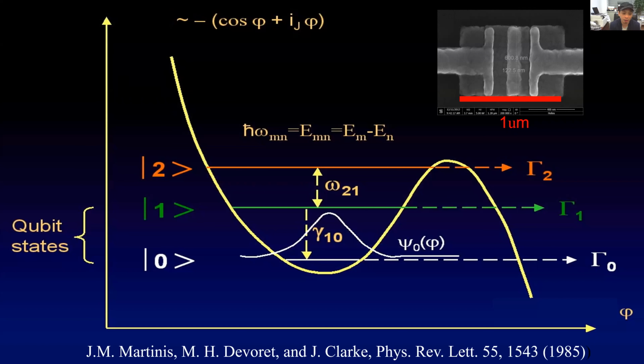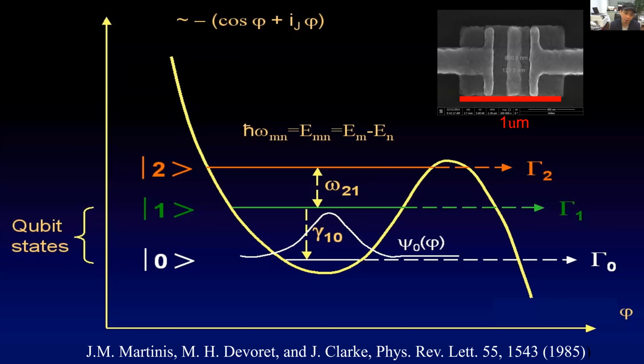In very early times, an experiment showed that if we make a Josephson junction, which is a microscopic structure with a typical size of about 1 micrometer or larger, while the atom is about 0.5 nanometer, so about 10,000 times larger than the atom systems, even in such a large system they succeeded in finding quantized behaviors.